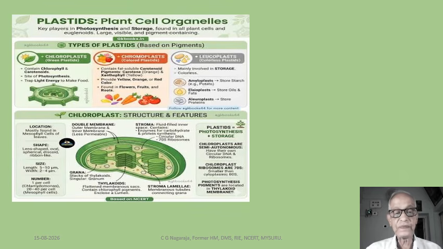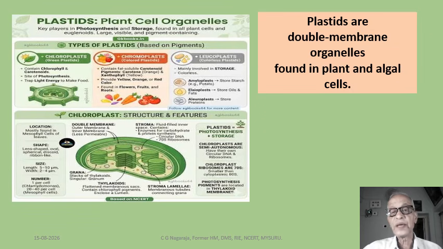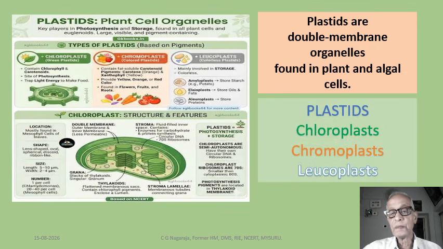Chloroplast is the most important part that takes part in photosynthesis. Plastids are double membrane organelles. A small part in any single plant cell is called an organelle. There are three types of plastids in most land plants: chloroplast, chromoplast, and leucoplast.